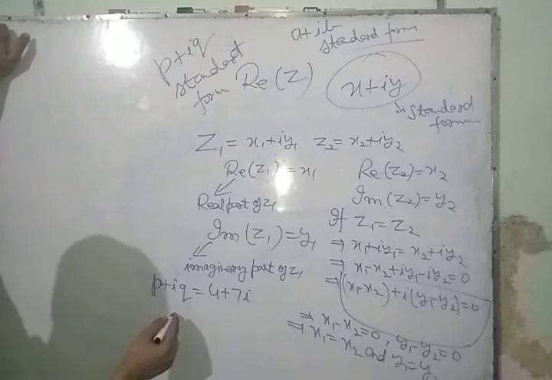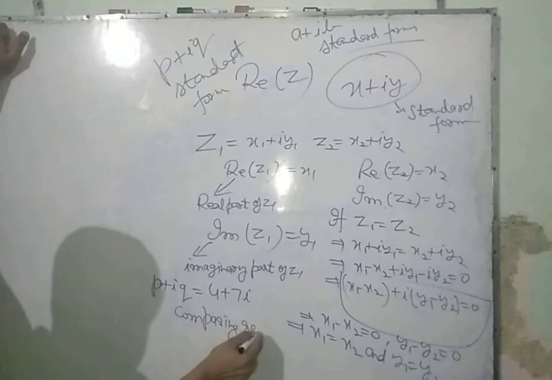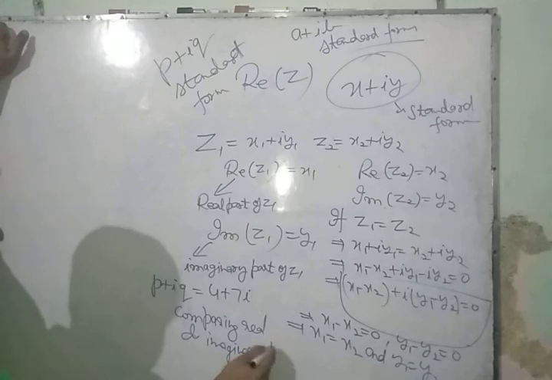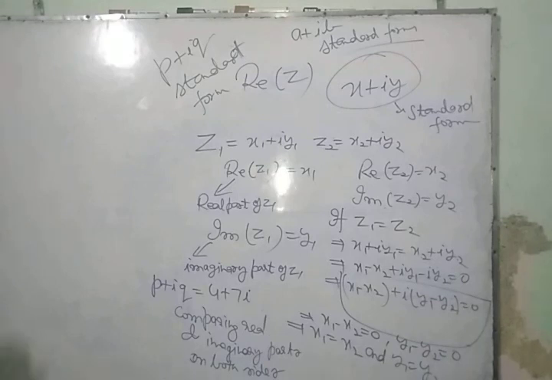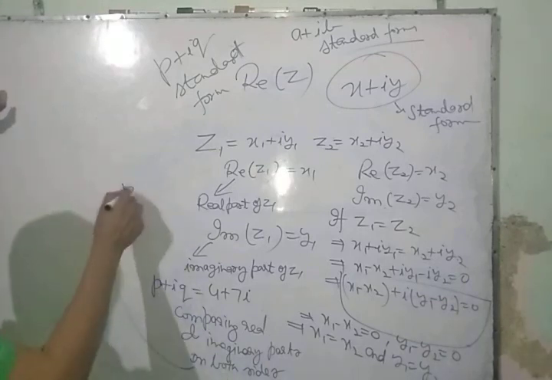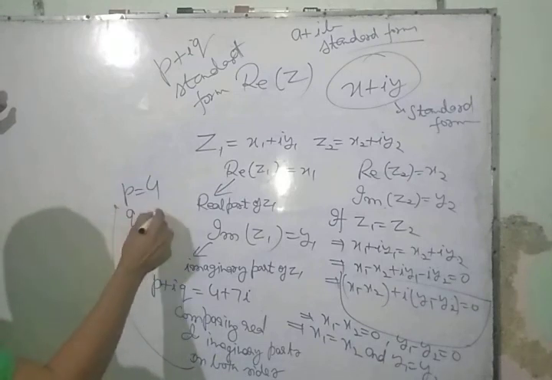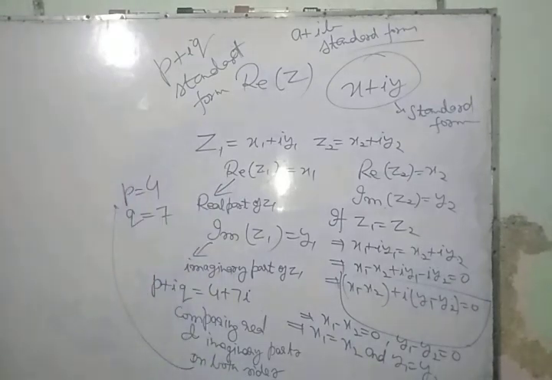So you will write, comparing real and imaginary parts on both sides, we get p is equal to 4 and q is equal to 7. This is comparing the real and imaginary parts.